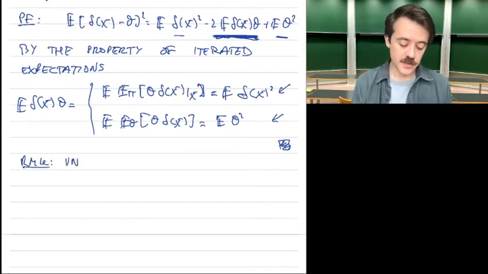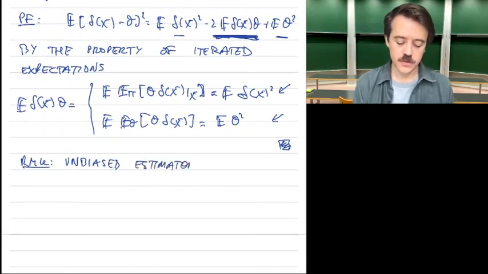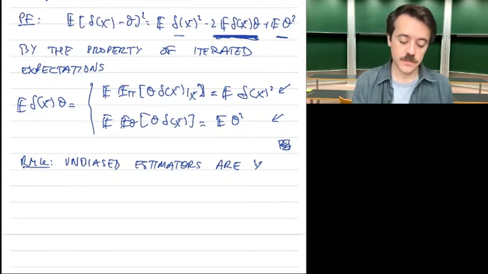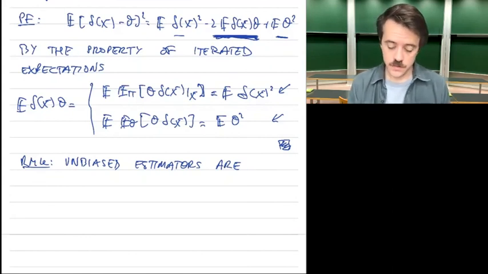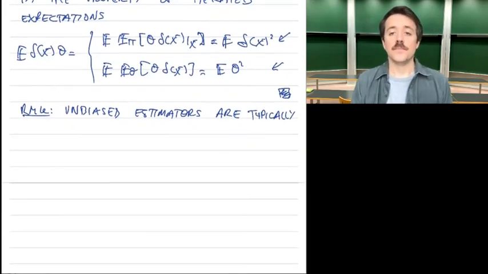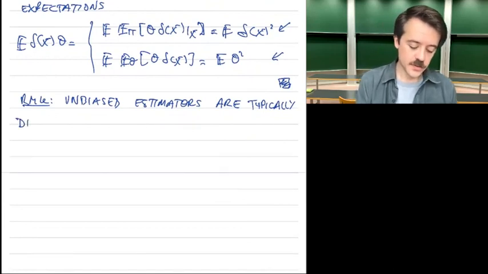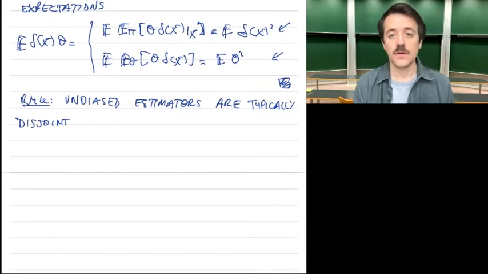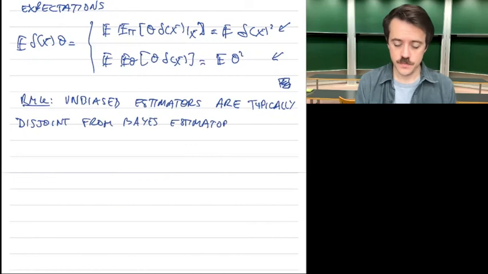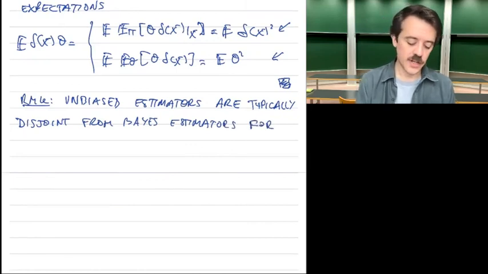Unbiased estimators, and this is typically, as a family of estimators, are disjoint from Bayes estimators. And this, of course, is for the quadratic risk.